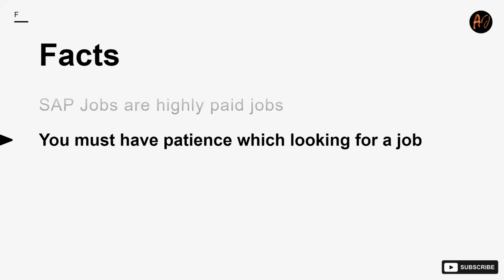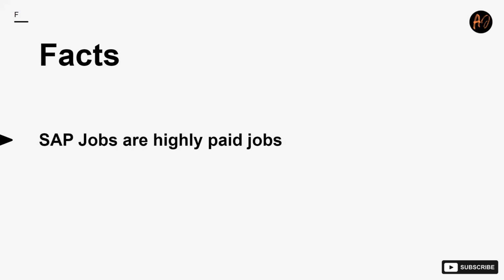There are three fact points here that are very crucial for you. The first is that yes, there is a historical saying that SAP jobs are highly paid. It is highly paid, but entering into such jobs is not straightforward. You should have proper skill sets, you should have proper experience added to your profile, and only then you will be able to get that opportunity.